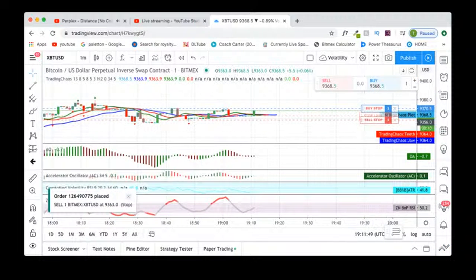So I just made a stop loss for the buy signal, just to be ready in case that creeps up there.